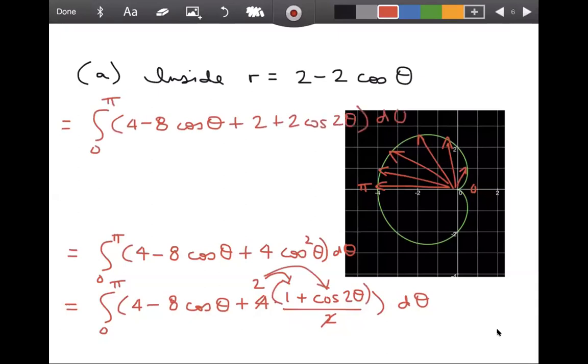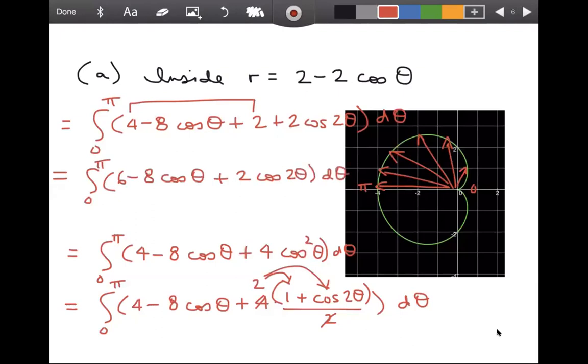Hopefully you can see that okay. All right, so the only thing I can see to do with this is to just combine these like terms. So that's going to give me a 6 minus 8 cosine theta plus 2 cosine 2 theta. We are almost there.